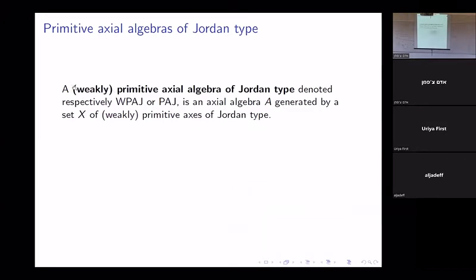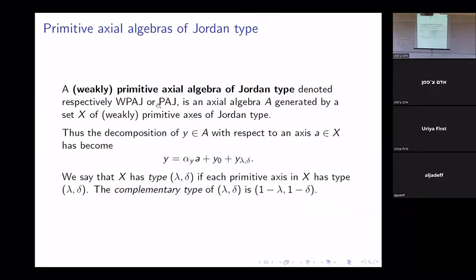Okay, so WPAG will be a weakly primitive axial algebra, and PAG will be a primitive axial algebra. And this is the decomposition. And we'll say that X is type lambda delta if each primitive axis has this type.